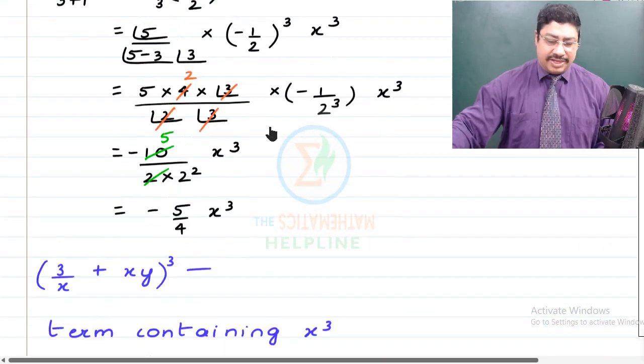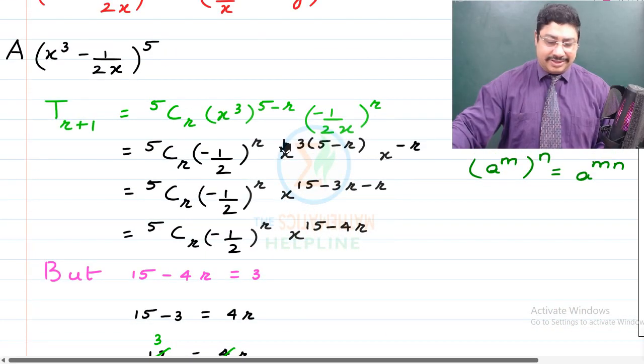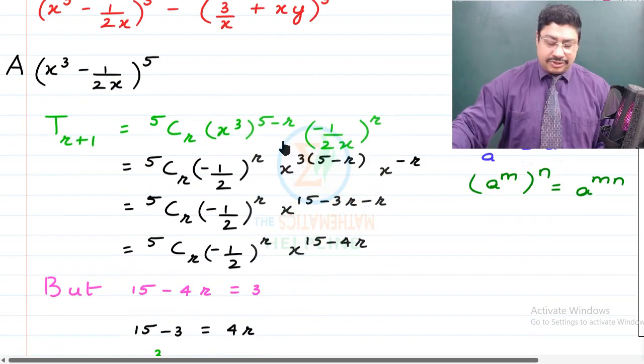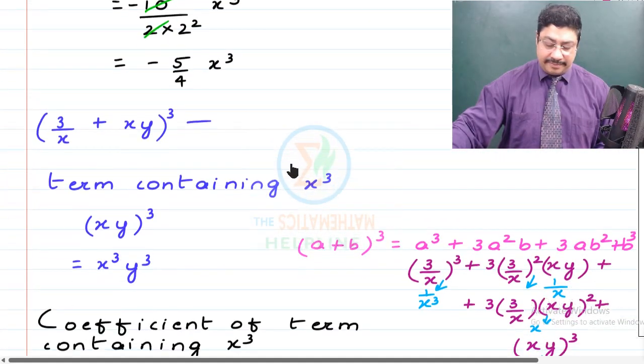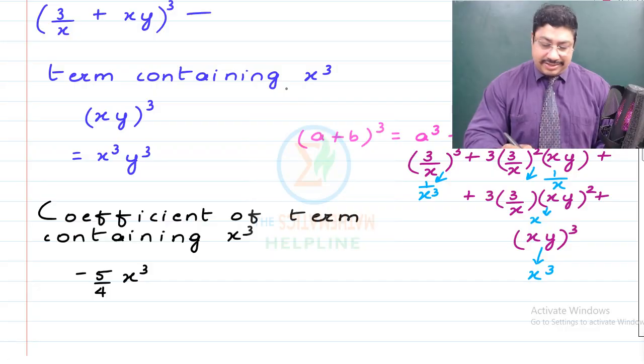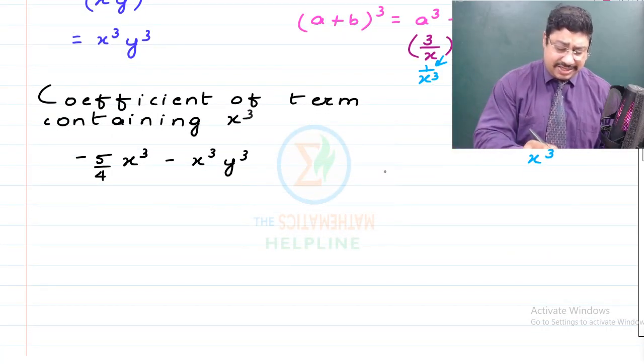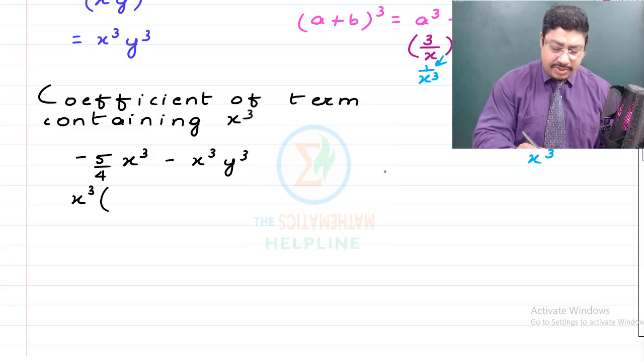And from that, children, is going to be subtracted this term that we just found out in the second binomial. So it will be minus, and we write this complete term, that is minus x cube y cube, right? And further here we get to see that we can actually take this x cube to be common outside. So further what do we get? We get minus 5 upon 4, and except that we get minus y cube.